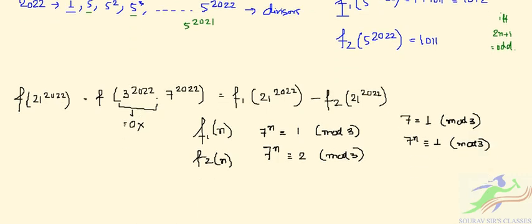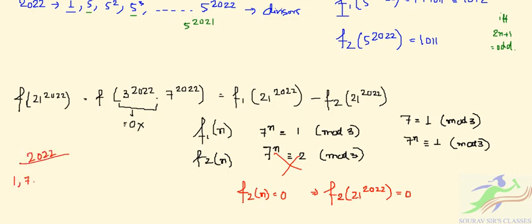So this is not possible, that is f2 of n is not possible. So we can say that f2 of 21 to the power 2022 equal to 0.